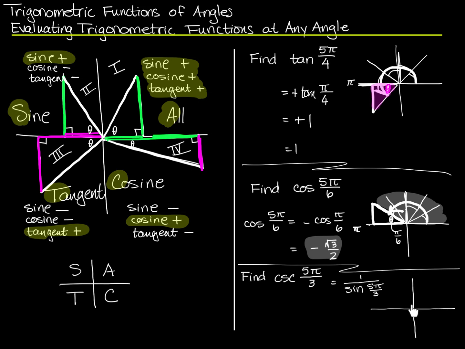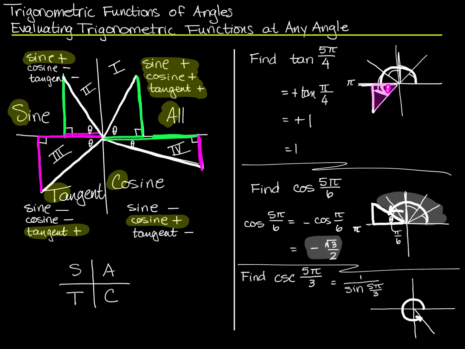That's 2 pi over 3. 3 pi over 3 is just pi, so now I'm here. 4 pi over 3 is another 60 degrees, and 5 pi over 3 is one more, so I'm down here, right about there. So the angle I'm actually finding the cosecant for is this great big angle right here.